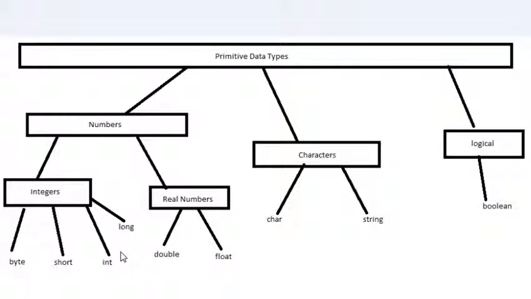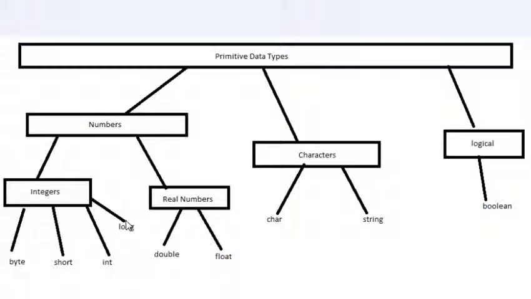An int data type is 32-bit, and it can have a minimum value of negative 2,147,483,648, and the maximum value is 2,147,483,647.